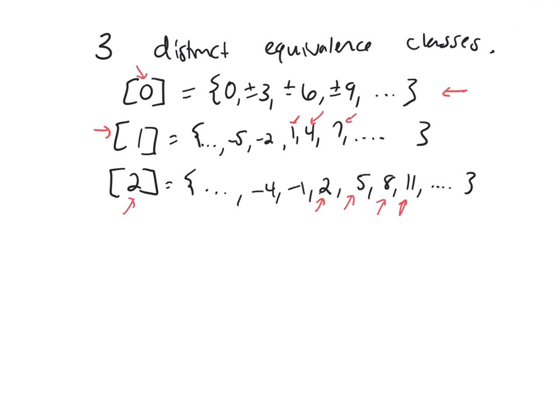So in the end, the equivalence classes correspond to our remainder when dividing by 3.